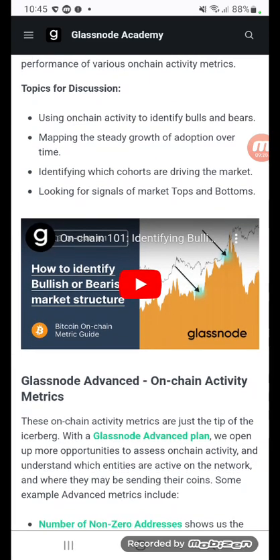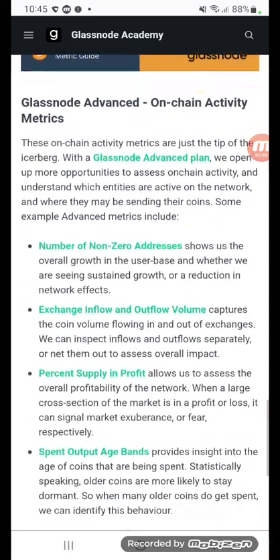Topics for discussion: using on-chain activity to identify bull or bear markets, mapping the steady growth of adoption over time, identifying which cohorts are driving the market, and looking for signals of market tops and bottoms.